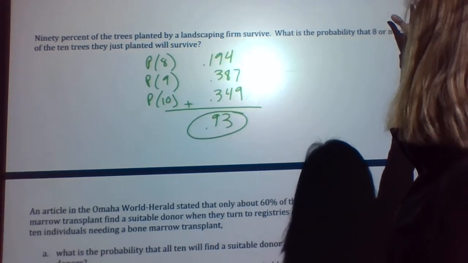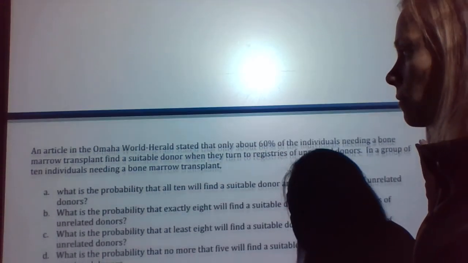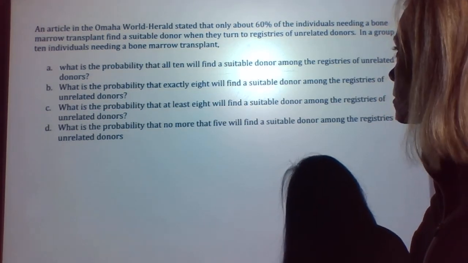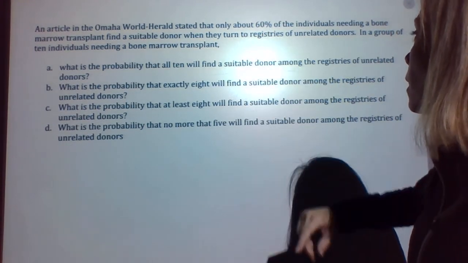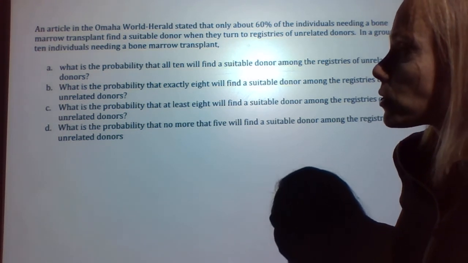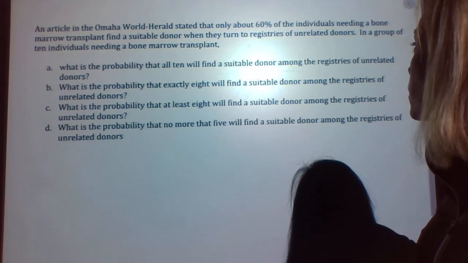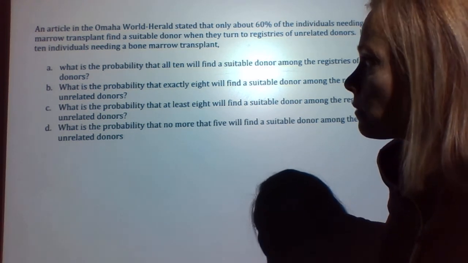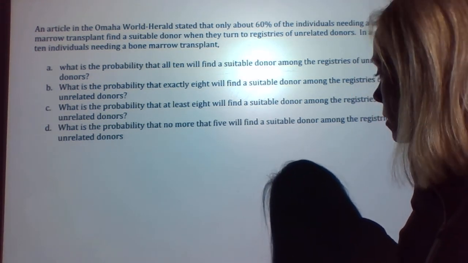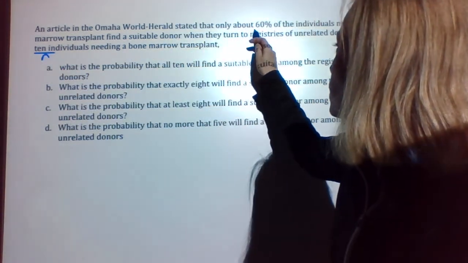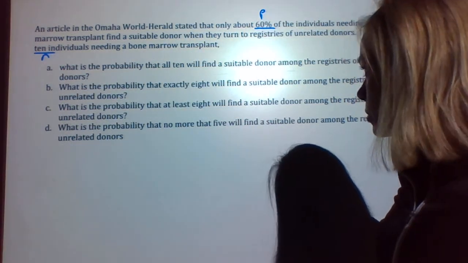All right, maybe one more. An article in the Omaha World Herald stated that only 60%, there's my P, of the individuals needing a bone marrow transplant find a suitable donor when they turn to registries of unrelated donors. In a group of 10 individuals needing a bone marrow transplant, so there's my N, 10 people, there's my P, 60%.